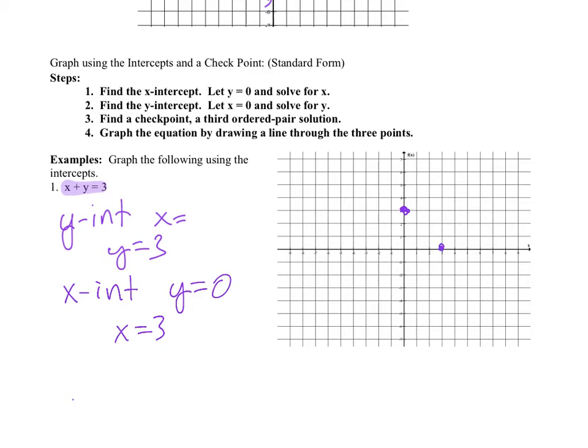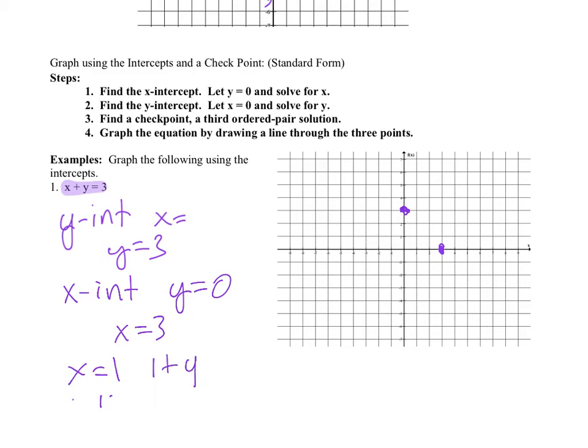So I also have an x-intercept right there. Now I have 2 points. I'm going to choose one more point in between them. So I'm going to choose x equals 1. So if I choose x equals 1, I get 1 plus y equals 3.